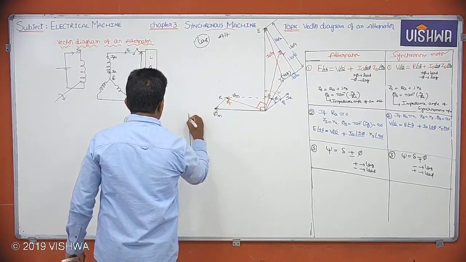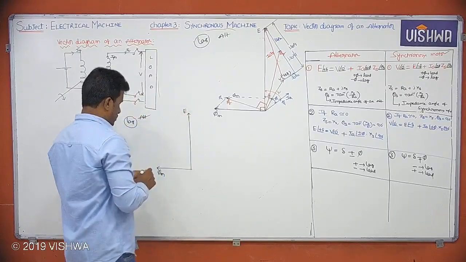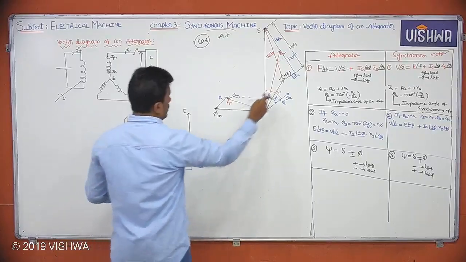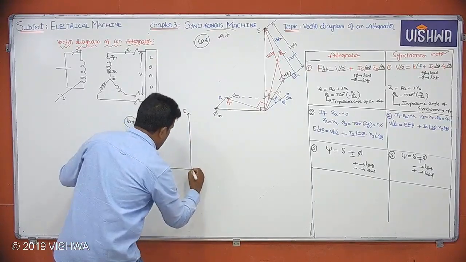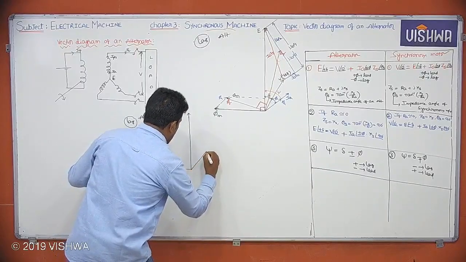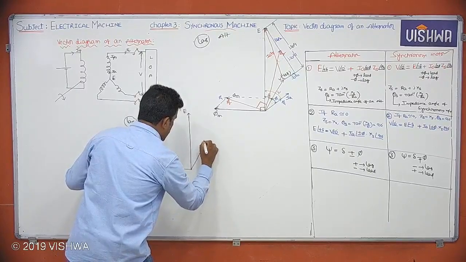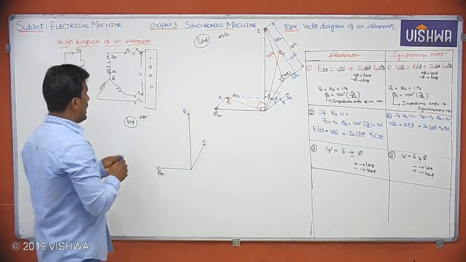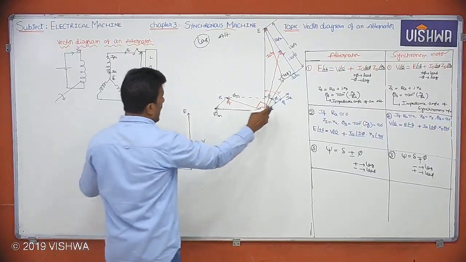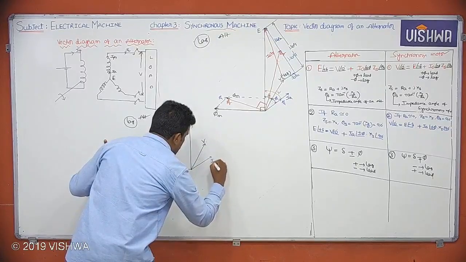This is what I can say E vector, right? And this is what I can say V, because in alternator E leads V. Finding how much? Delta. And since it is lag load, IA lags V. Yeah, IA lags V. Finding how much?